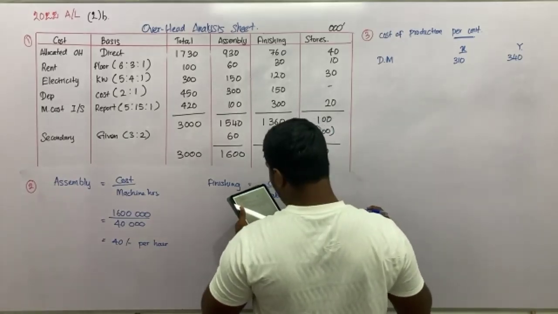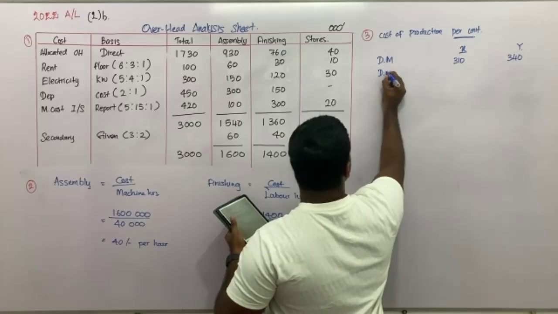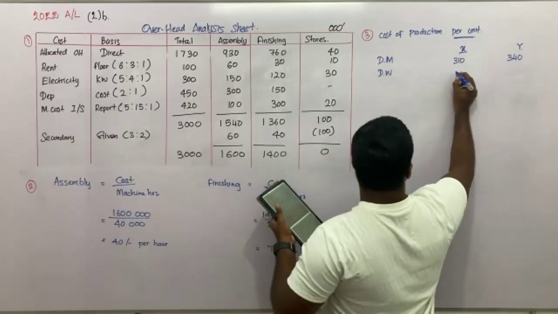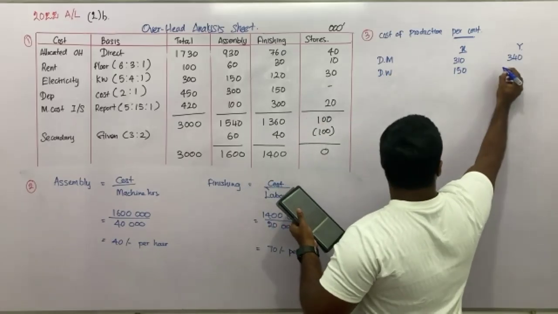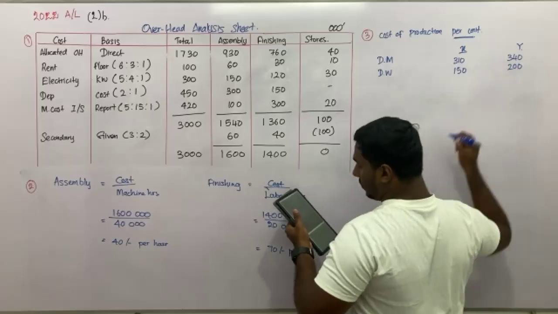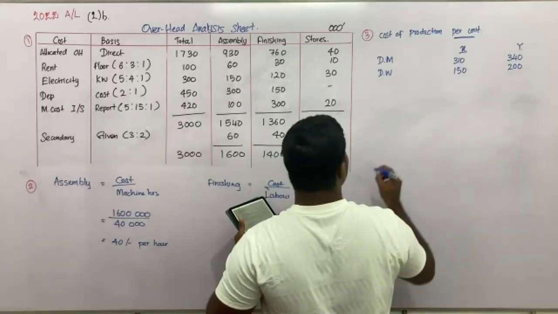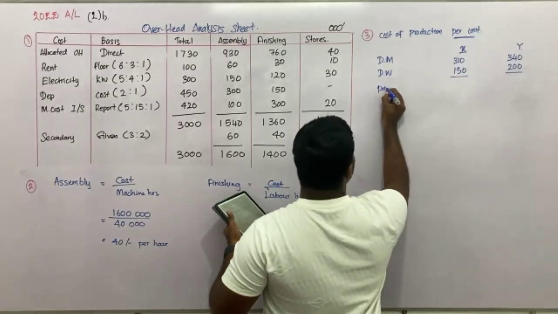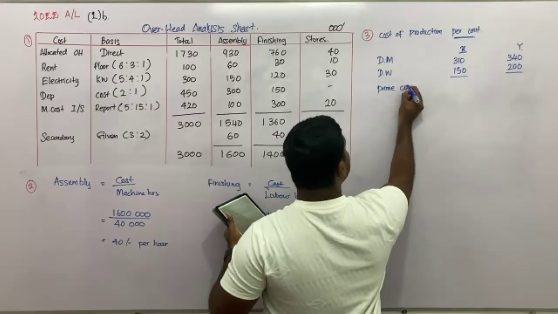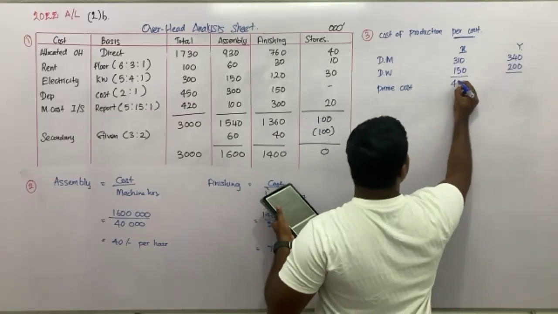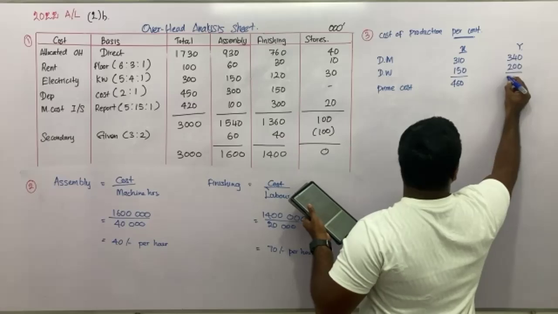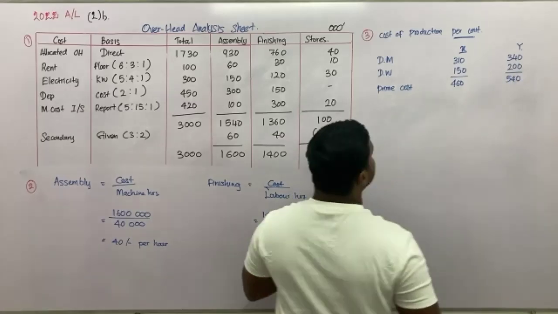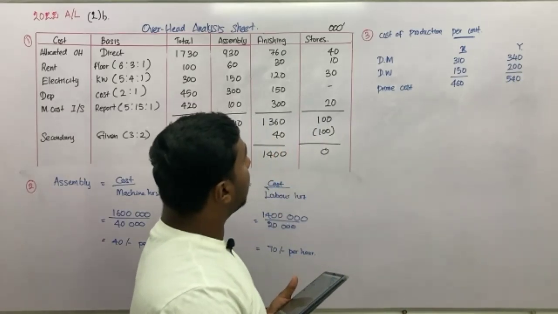Okay. And the direct wages is given 150 and 200. Okay. Altogether, we can come as prime cost. 460 and 540. Okay, so that will be the prime cost.